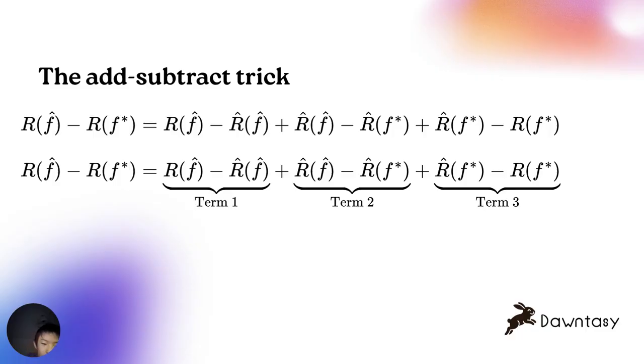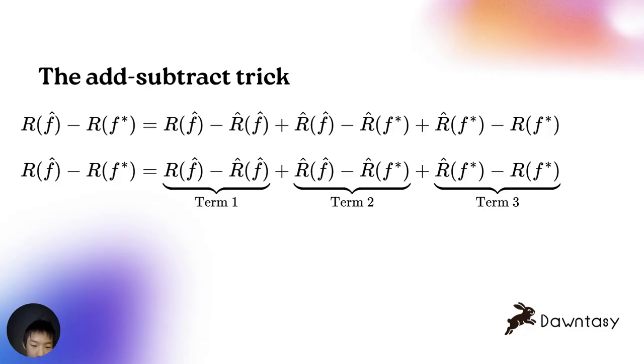But if we group these terms into 3 groups, each group having 2 blocks, we can see a pattern emerging. Term 1 is just the generalization gap, the difference between the empirical risk and the true risk, for the empirical minimizer.